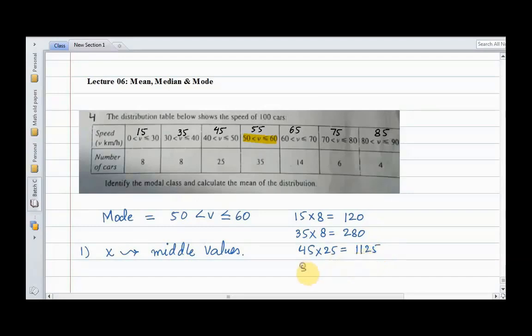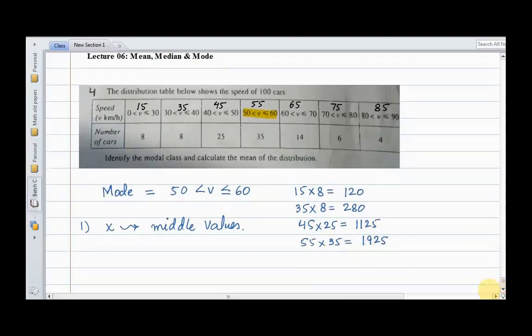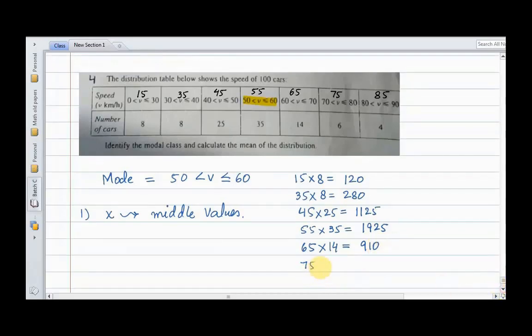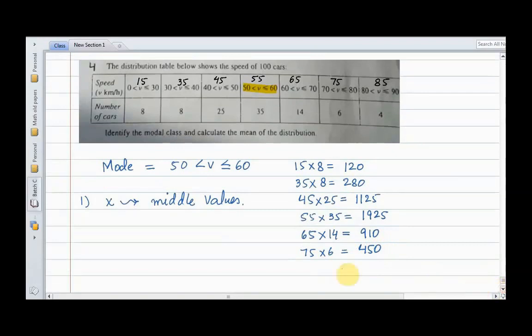After that, 55 multiplied by 35 is equal to 1925. After that, 65 multiplied by 14 is equal to 910. After that, 75 times 6 is equal to 450, and at last it's 85 times 4, so it will be 340.